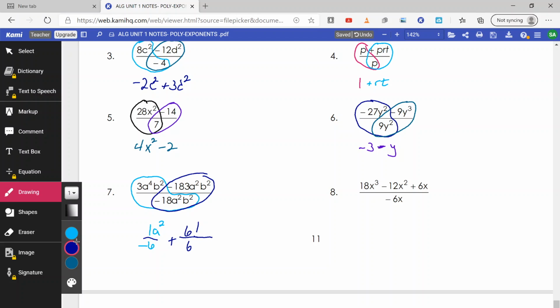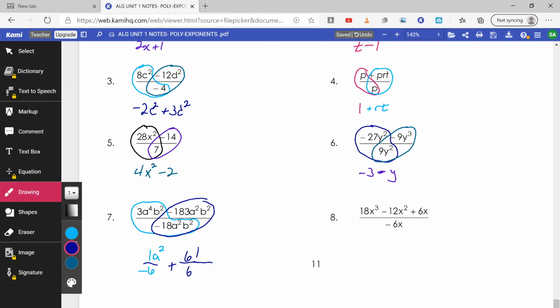A squared divided by a squared is 1. B squared divided by b squared is 1. So we end up with 1a squared over negative 6 plus 61 over 6. So what that looks like, I can actually put the negative out front of the 1a squared. So we have negative a squared over 6 plus 61 over 6, and I can, since it's the same denominator, put them together as negative a squared plus 61 over 6.